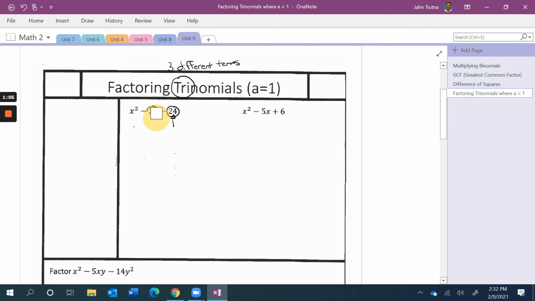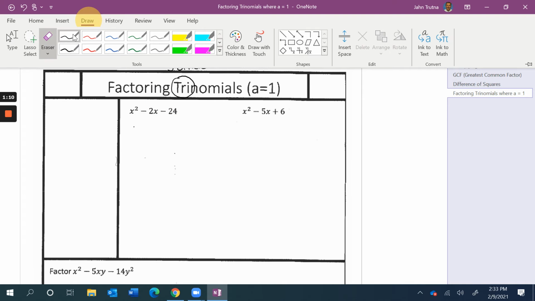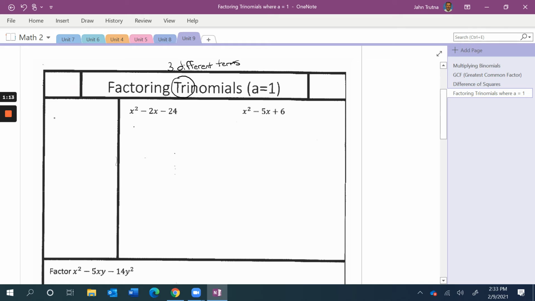So when we talk about factoring trinomials, we are talking about something that has three different terms in it. Over here to the left, I want you to write this down. The general look of a trinomial is in the form of ax squared plus or minus bx plus or minus c. This is what we call the standard form of a trinomial, where a, b, and c just represent numbers.